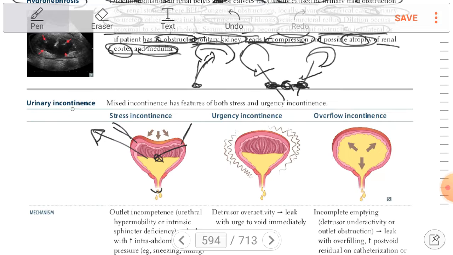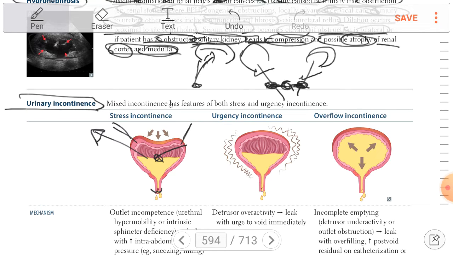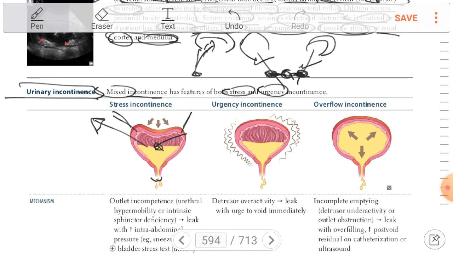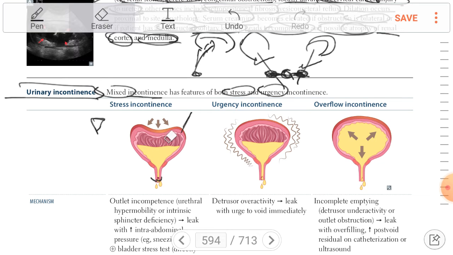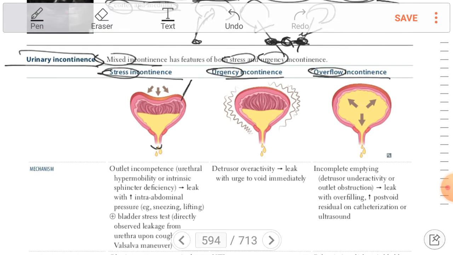Then the next one, urinary incontinence may be mixed incontinence of what? Of stress with urgency. So we will speak about the causes here, the causes of urinary incontinence. So the first one is what? Stress. The second one is what? Urgency. The third one is overflow. So stress.